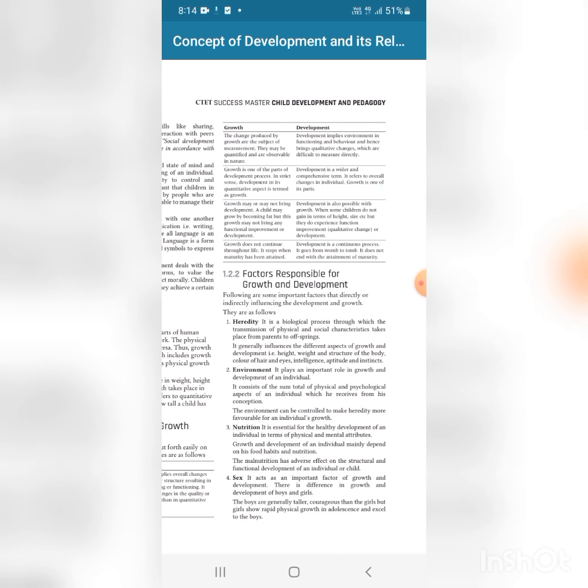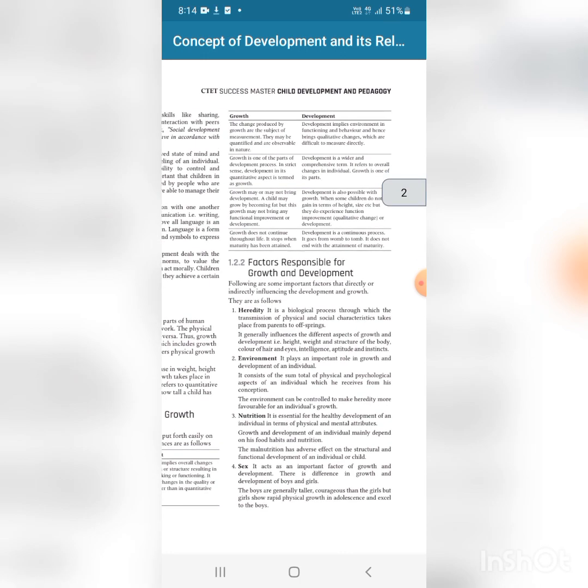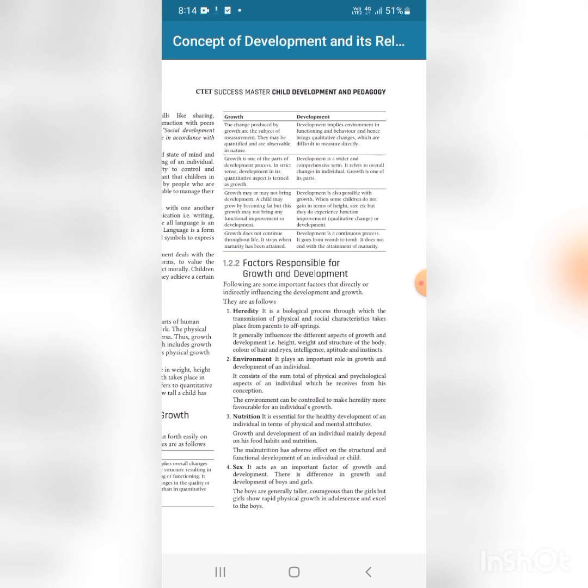Now let's discuss factors responsible for growth and development. First of all, heredity. So heredity is a biological procedure generally based and passed on from parents to their children.